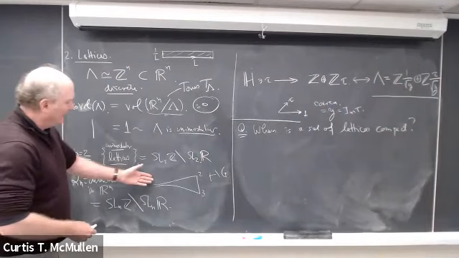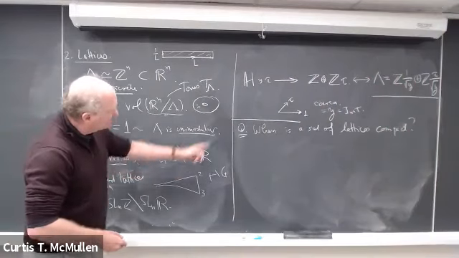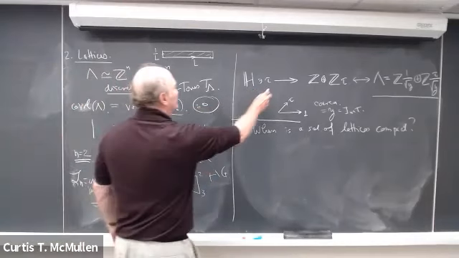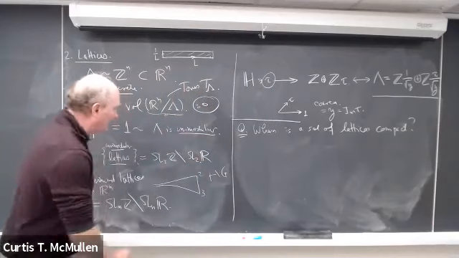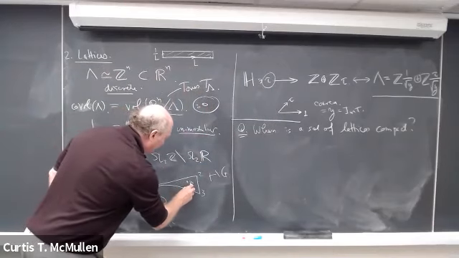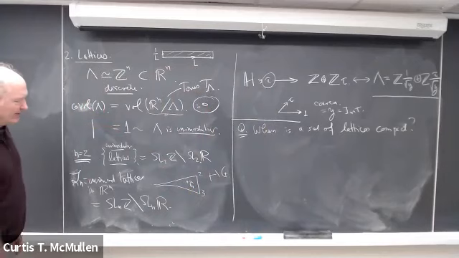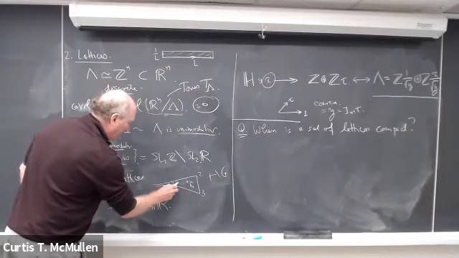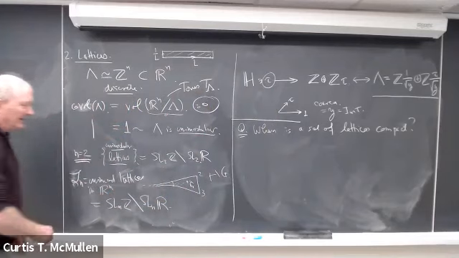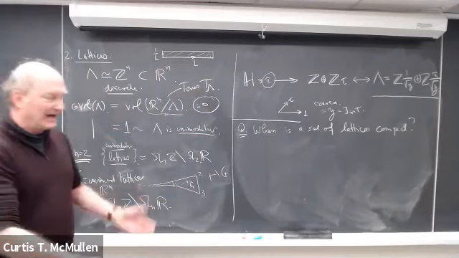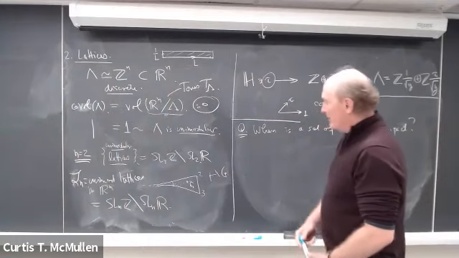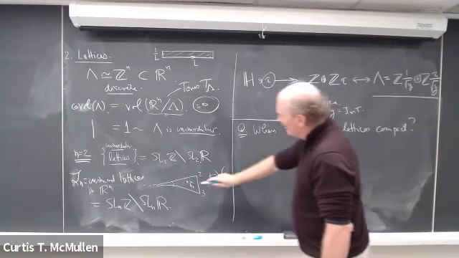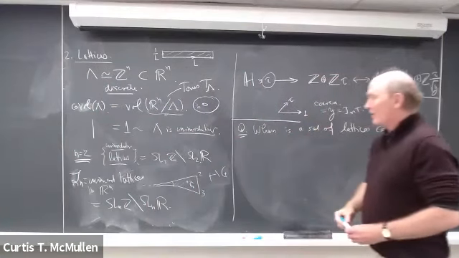And another way we can think of this in terms of our friend the modular surface is that if we have a sequence of points tau n in the upper half plane, they give us a sequence of points down on the modular surface. And these points might go out the cusp, in which case they leave every compact set in the space of lattices. So we want to be able to recognize, given a sequence of points in the upper half plane, when downstairs they're going towards the cusp.